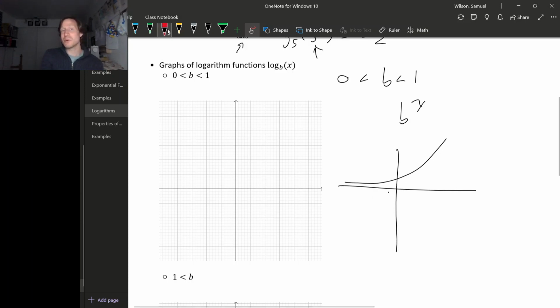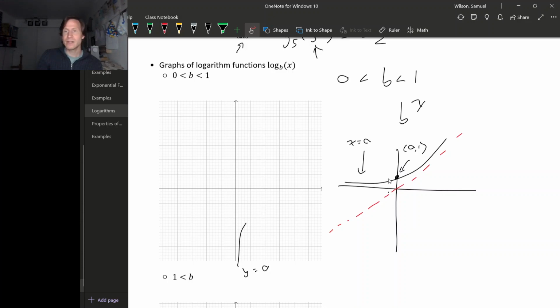And something you might remember about inverse functions is the graph of an inverse function looks like the graph of the original function, but reflected over the line y equals x. So this horizontal asymptote, when you flip across this diagonal line, gets flipped to a vertical asymptote. This intercept right here, it turns out it's 0, 1, gets flipped to the intercept 1, 0.